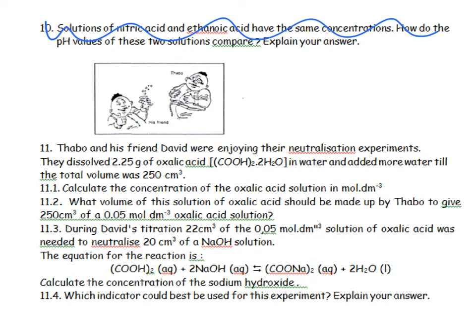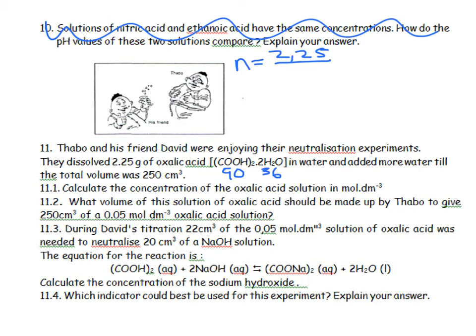Tabo and his friend David were enjoying their neutralization experiments. They dissolved a certain amount of oxalic acid in water and added more water till they got a certain volume. Calculate the concentration of the oxalic acid. So the first thing you're going to do is say number of moles is equal to mass over the molar mass of oxalic acid.